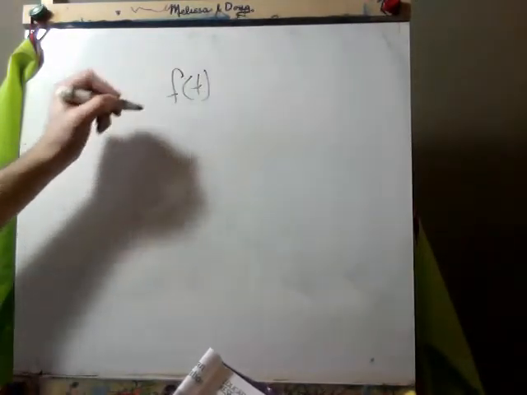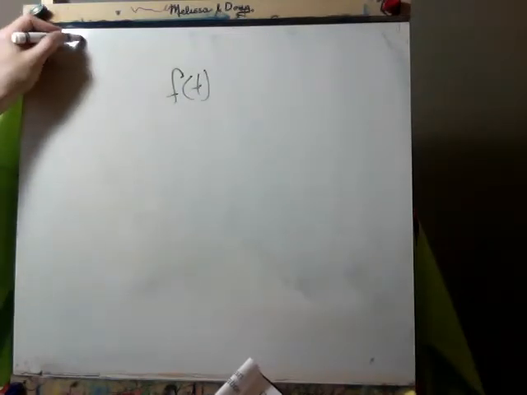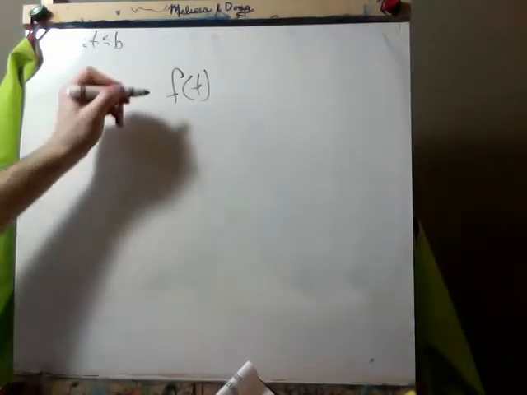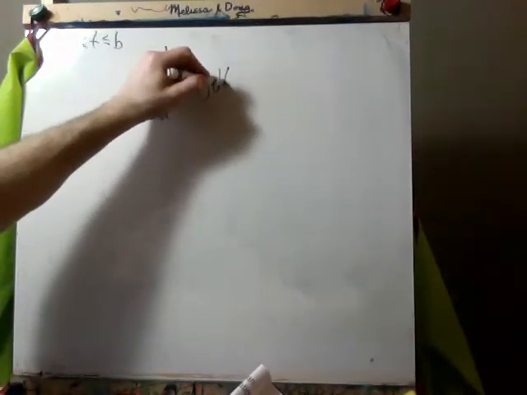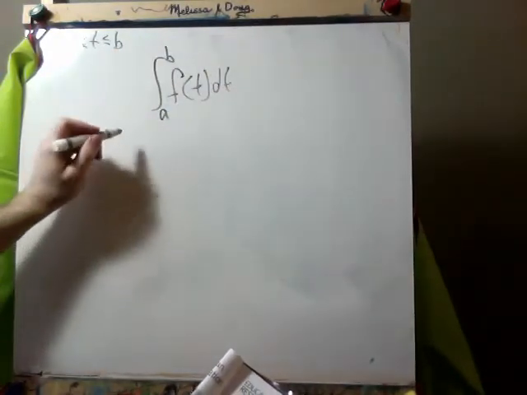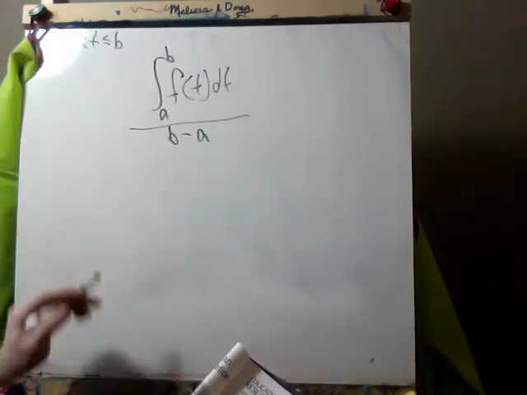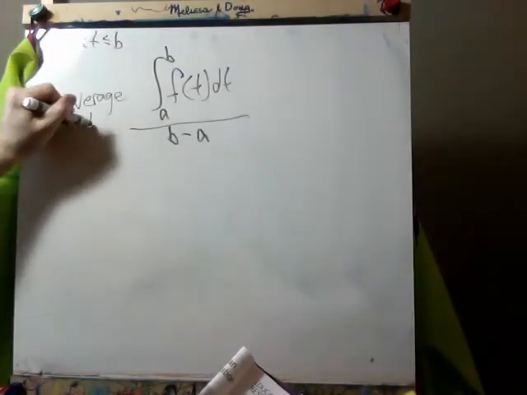In this case, when you're trying to find the average value of a function, say f of t, over a certain interval, say from A to B, what we can do is take the integral from A to B of f of t and then divide that by the distance from A to B. And that's going to be our average value.